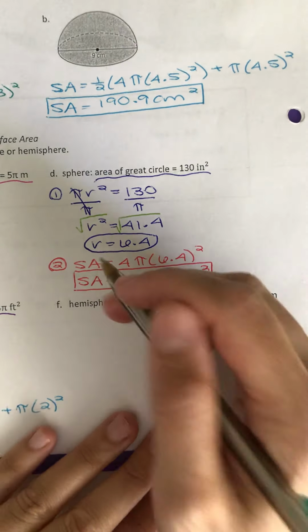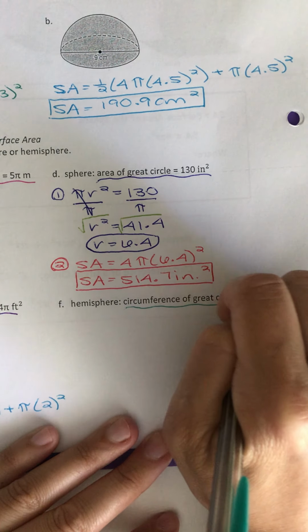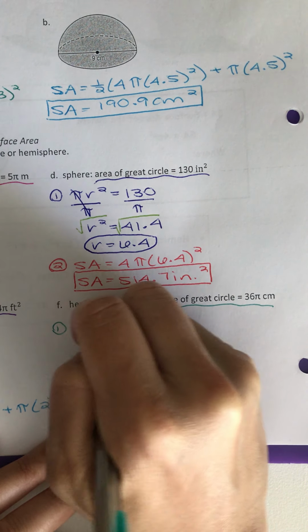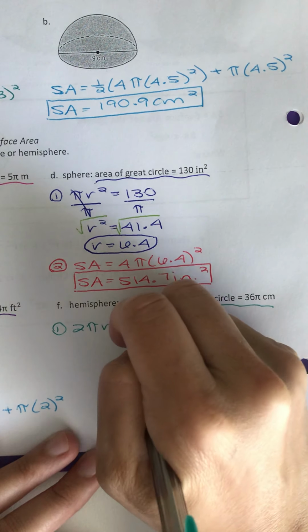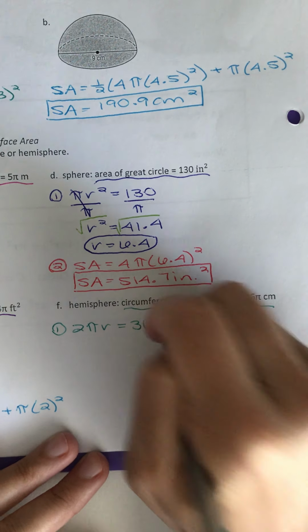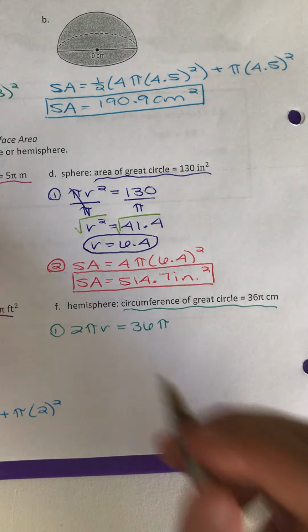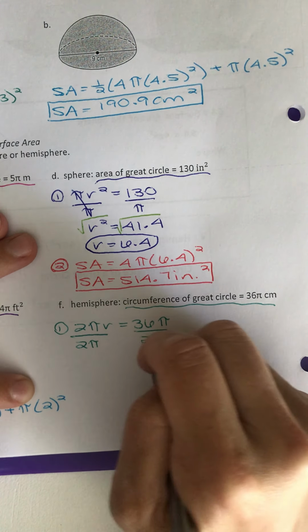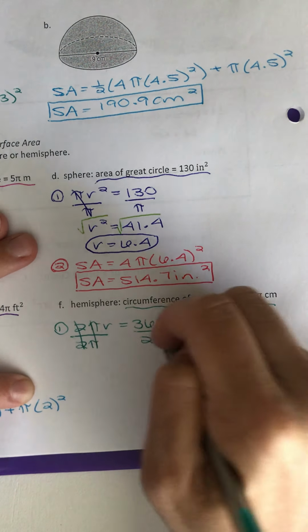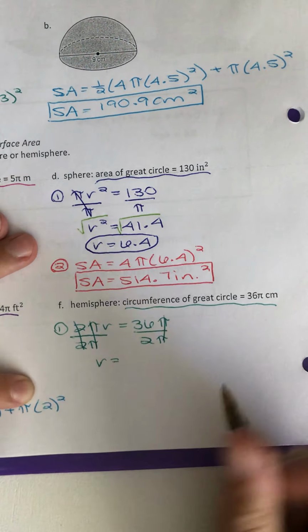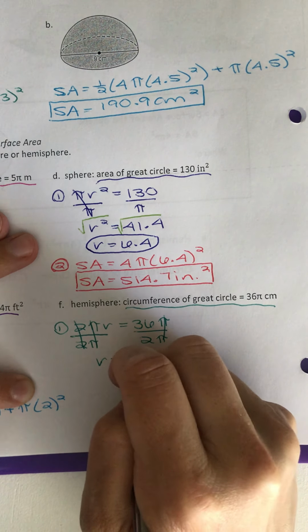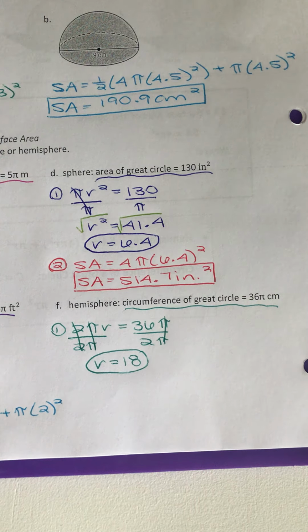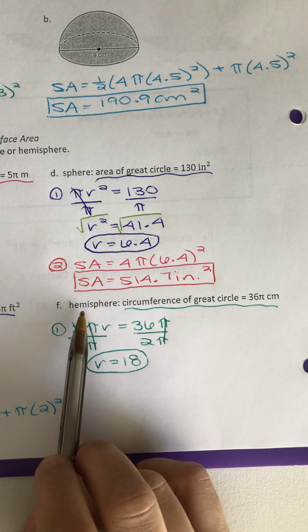All right, last one. This is back to circumference. So I have 2 pi r is equal to 36 pi. When I divide both sides by 2 pi, I get r equals 18. And again, I'm doing hemisphere.